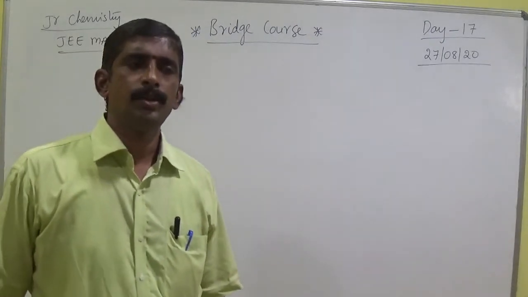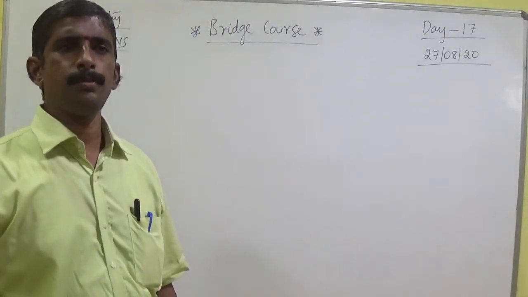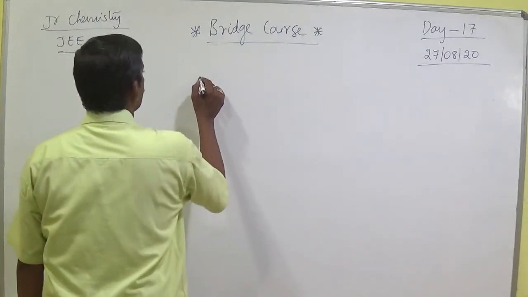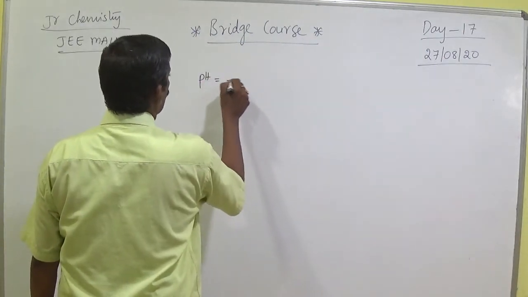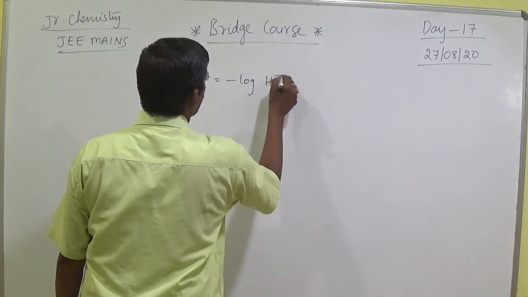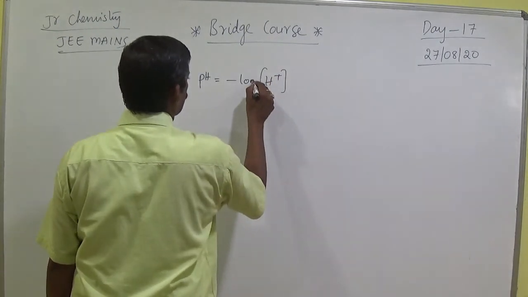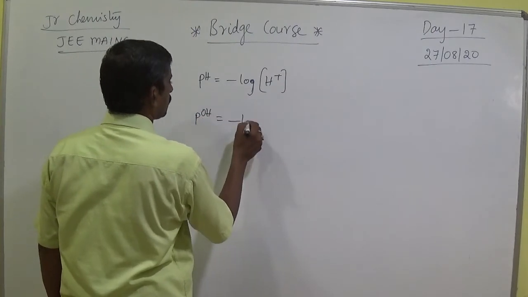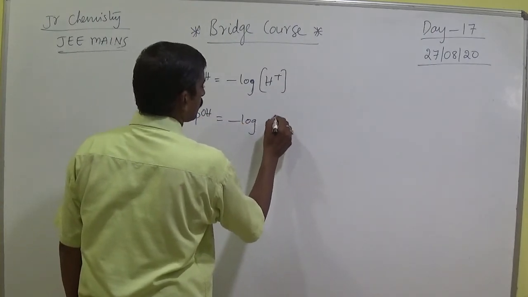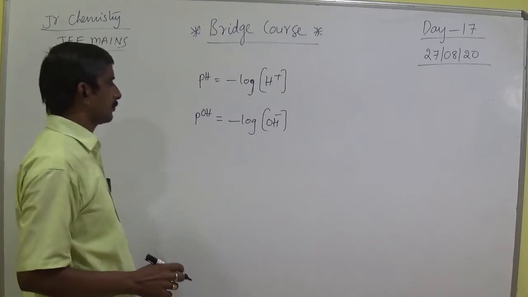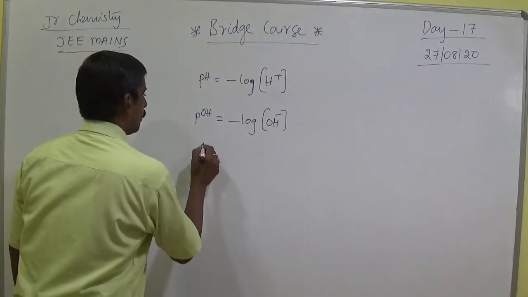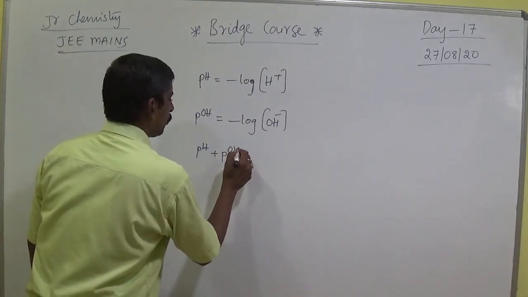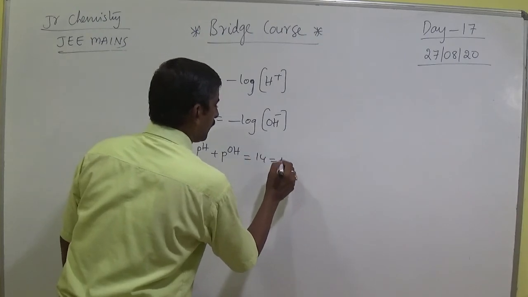Generally pH and pOH, simple formulas once again. pH equals minus logarithm of H plus concentration. Write down these formulas also. pOH equals minus log of OH minus ion concentration. pH plus pOH equals 14, or pKw.